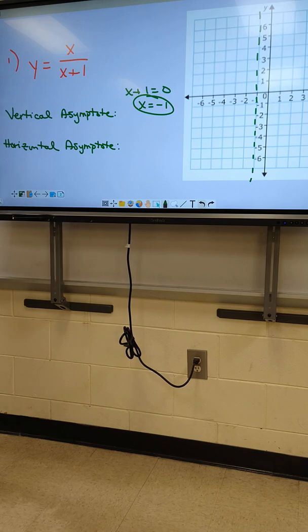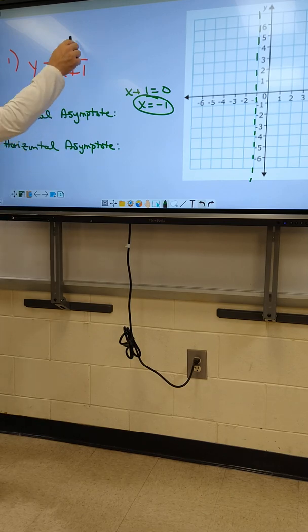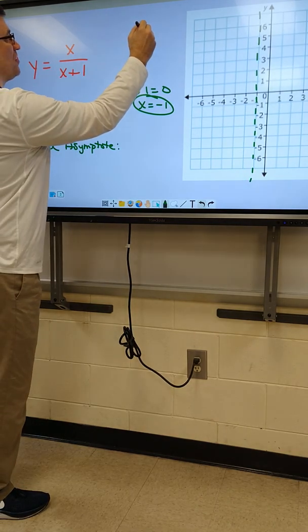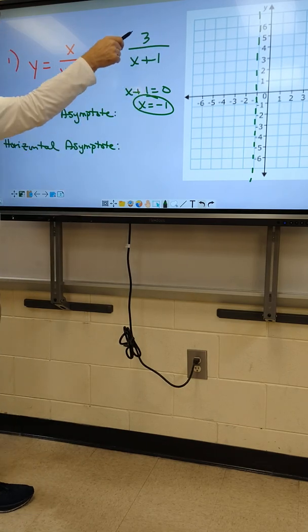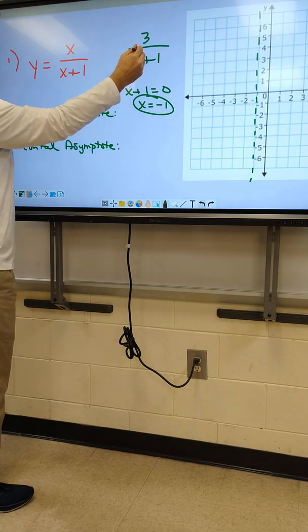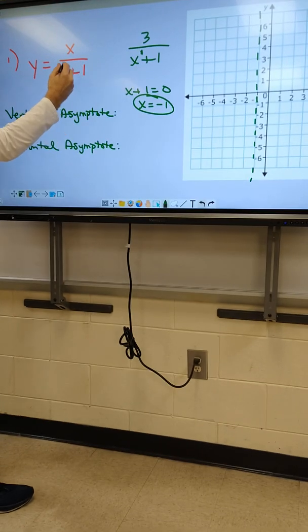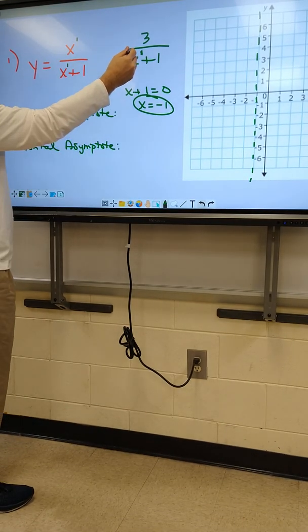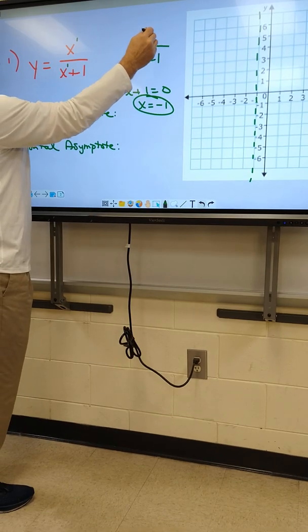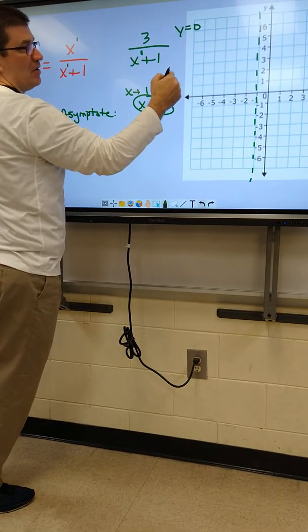Okay? All right, to find the HA, the horizontal, it's a little bit harder. You got to look at your exponents. Sometimes you're going to have, I'm going to make this up, something where you have an exponent on the bottom, because you guys know that's a 1 there and there, right, if you don't see an exponent. If you have an exponent on the bottom and you don't have one on the top, that's automatically y equals 0.